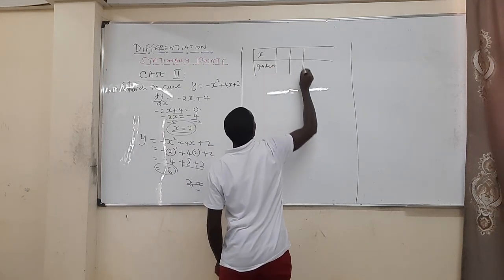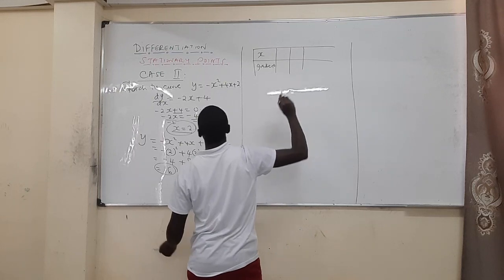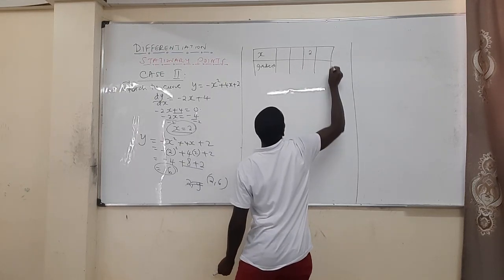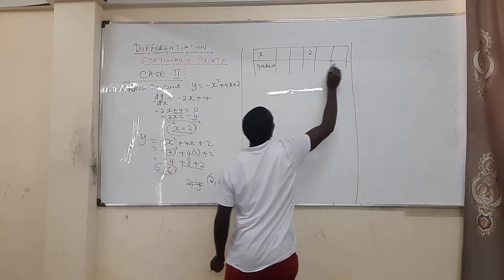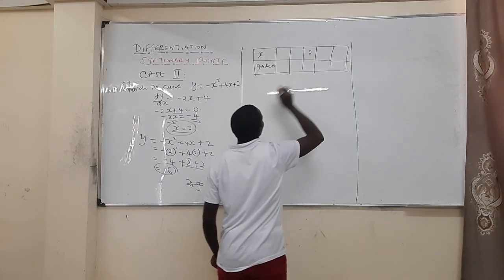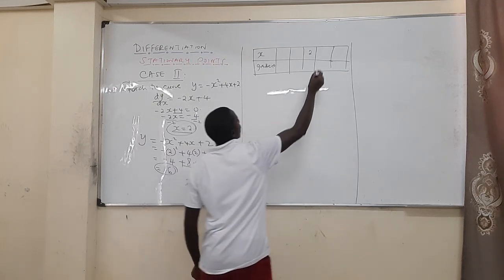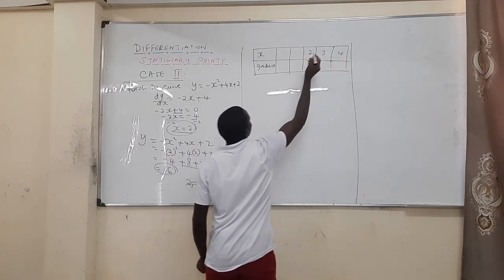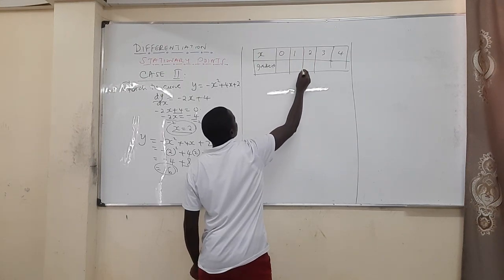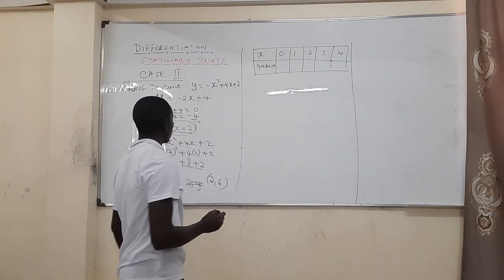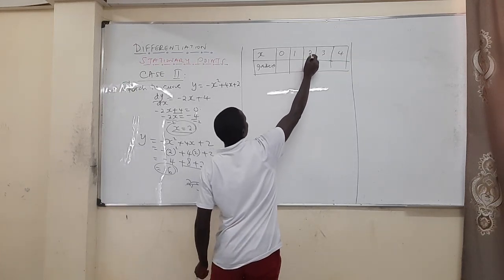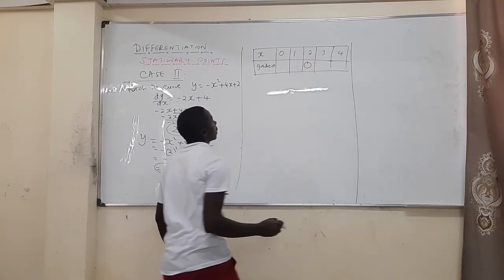We can have the value 2, where you have the stationary point, and then 2 points on the right and 2 points on the left hand side of the stationary point. So you can have 3 and 4, and in this case, 1 and 0. You check the measure of this gradient. So at x equals 2, the gradient is 0.